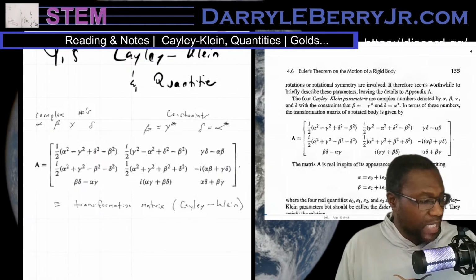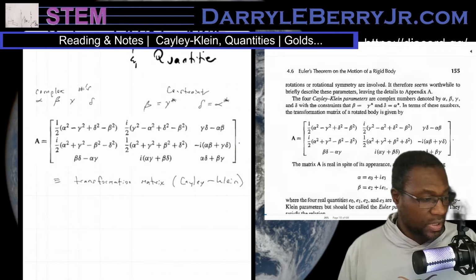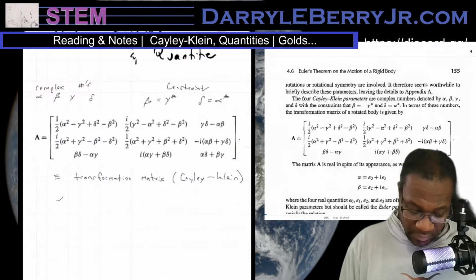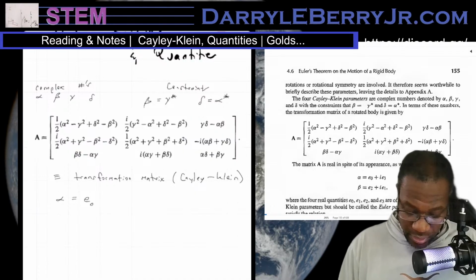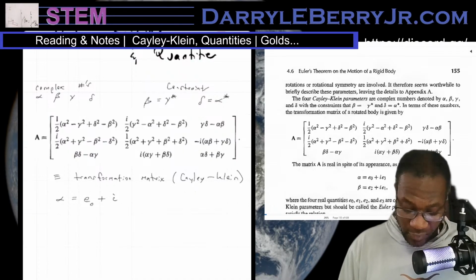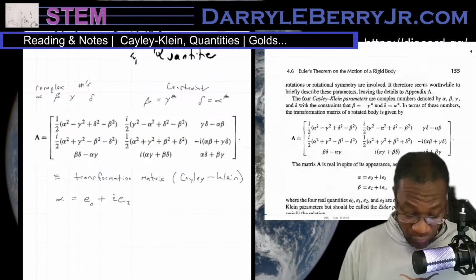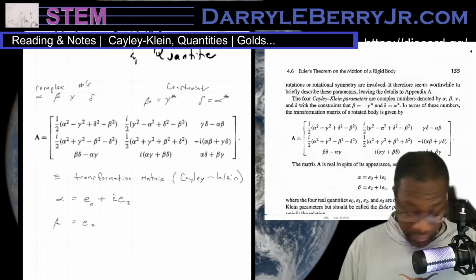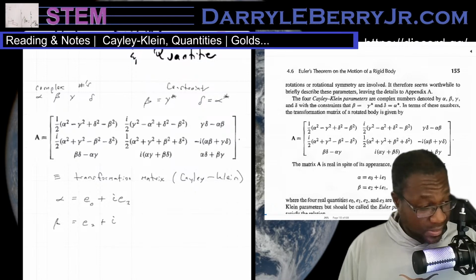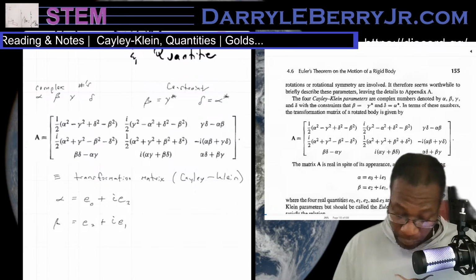Matrix A is real in spite of its appearance, as we can see by writing alpha equals e0 plus i e3 and beta equals e2 plus i e1.